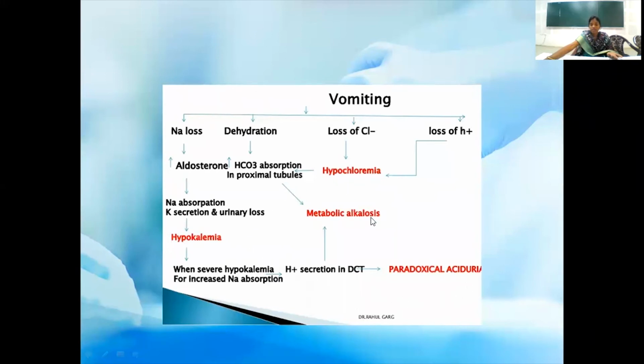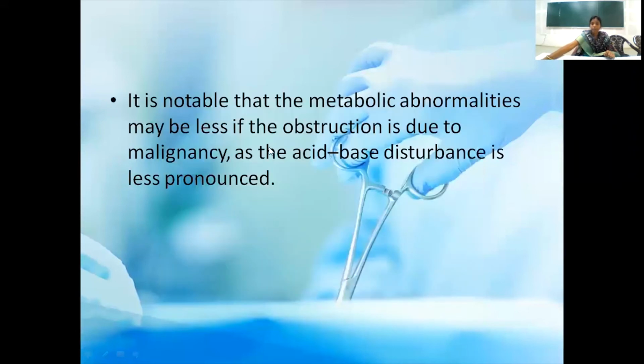So even though the patient is suffering from metabolic alkalosis inside the body, in the urine there will be loss of acid. So this is paradoxical aciduria. So the important electrolyte imbalance in gastric outlet obstruction is metabolic alkalosis with paradoxical aciduria.